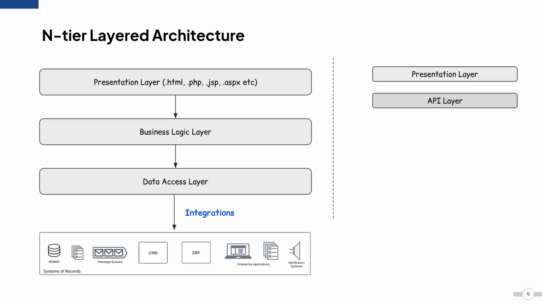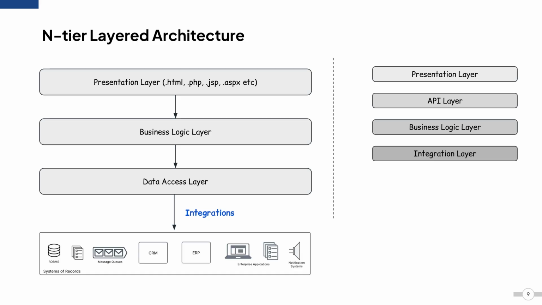For example, it can have a presentation layer, and a person who is architecting can think of having a separate layer called API layer, and then comes the business logic layer, because a presentation layer talks to the facade layer, which is the API layer, and then it goes and talks to the business logic layer, and there may be something called an integration layer, and then a separate thing called the data access layer, where the data access layer may be just responsible to fetch data from different data sources, and the integration layer may be doing some common orchestration when it comes to accessing data from different data sources.